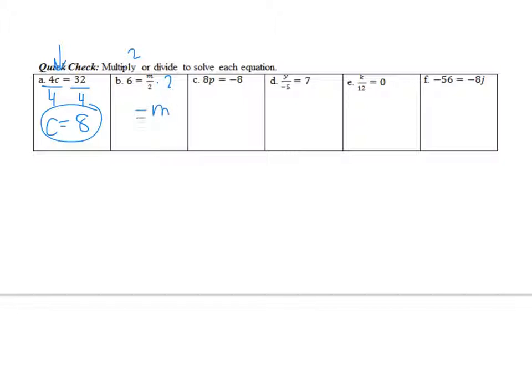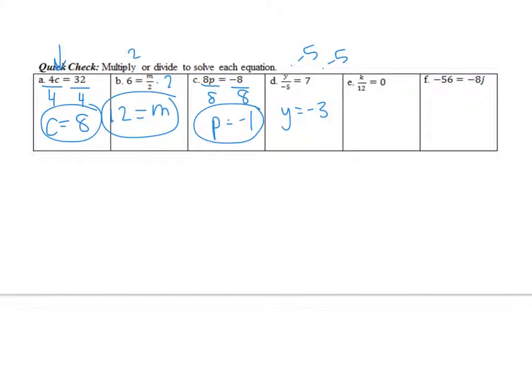So m equals 12. C is 8 times p, so I divide both sides by 8, so p equals -1. D is y divided by -5, so I multiply both sides by -5, so y equals -35.